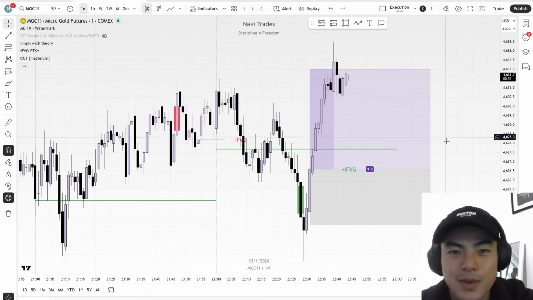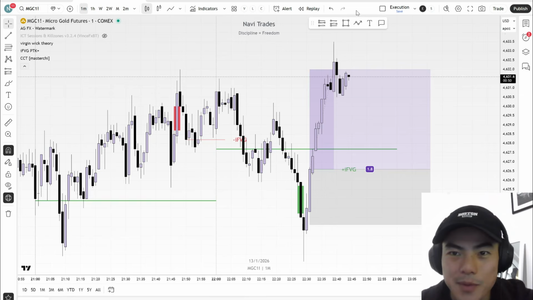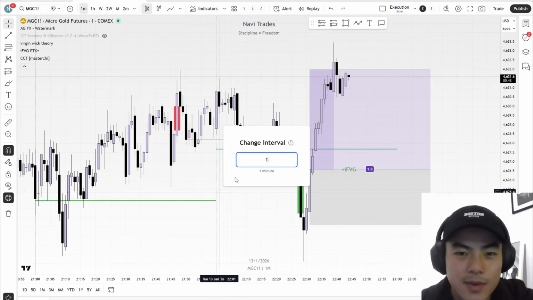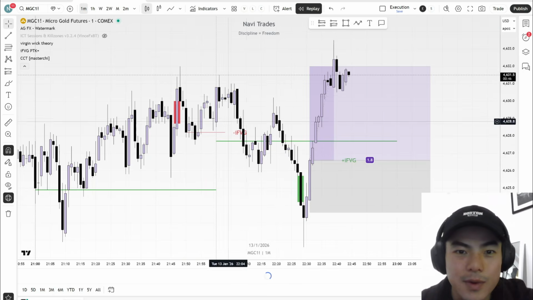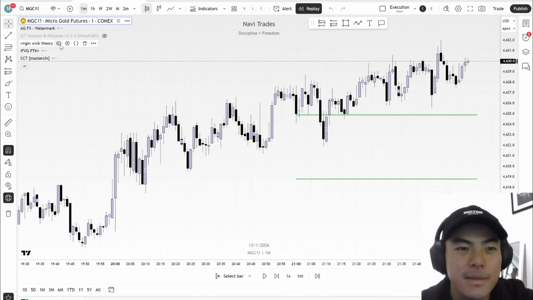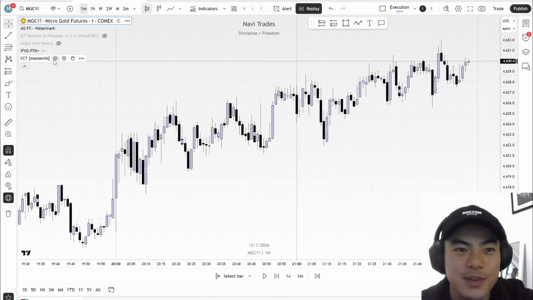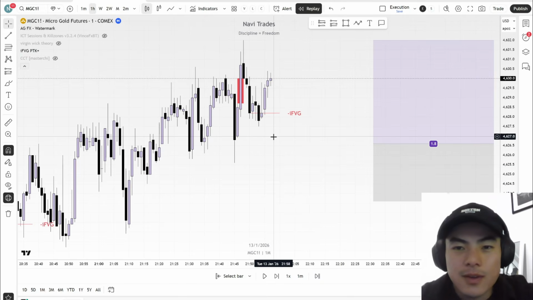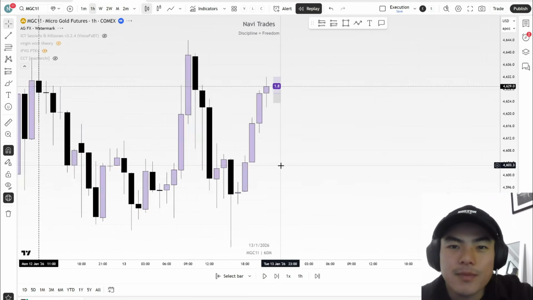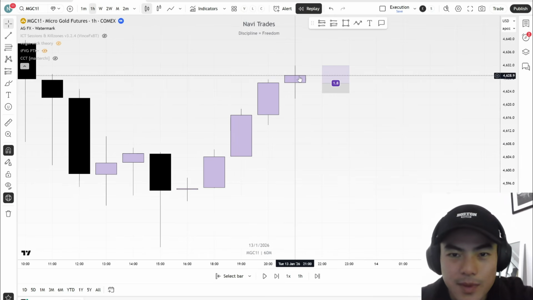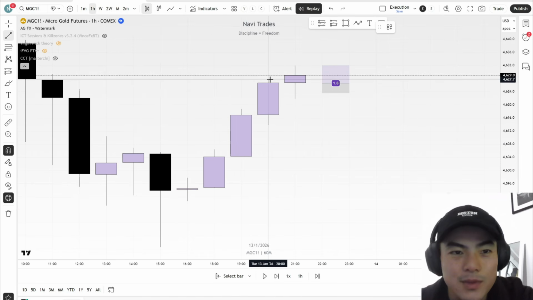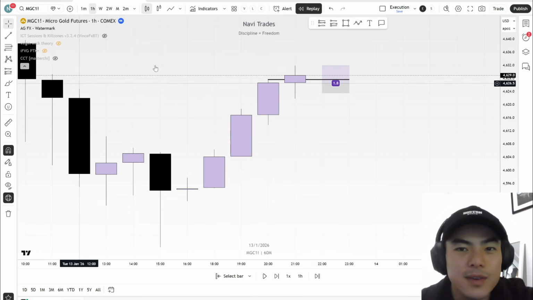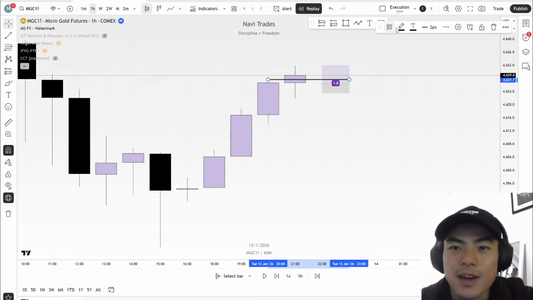So let's go back to the start of the hour. Where are we? Yeah, okay. So let's get rid of the indicators for education's sake. All right, so this 9 p.m. candle closes over this Virgin wick, creating our bullish point of interest.